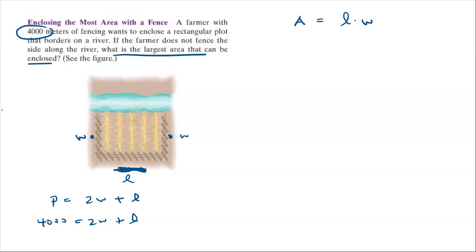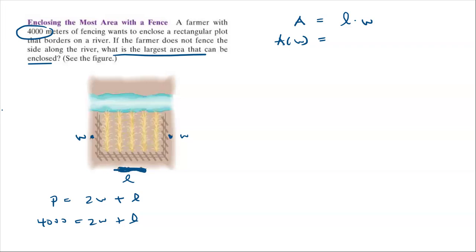We want to put this in terms of W, so I'm going to have A of W. And I'm going to replace L, because we want all the variables to be in terms of one variable, in this case, W. So here we're going to solve for L.